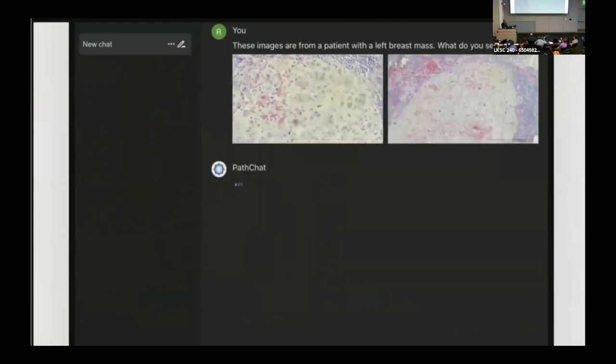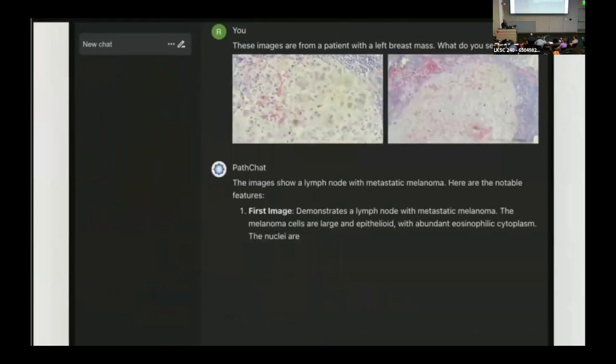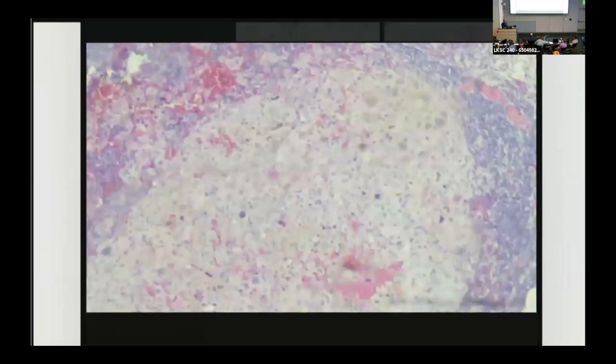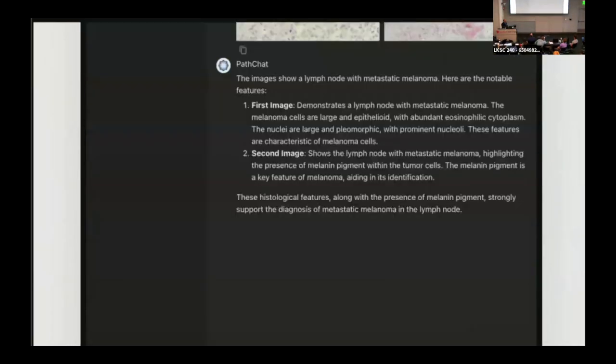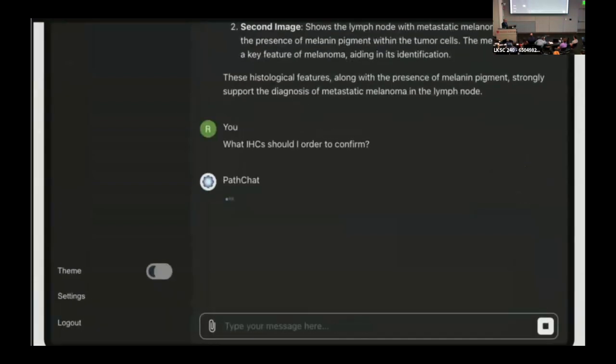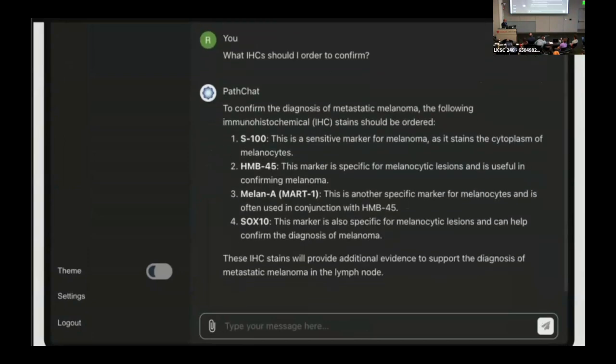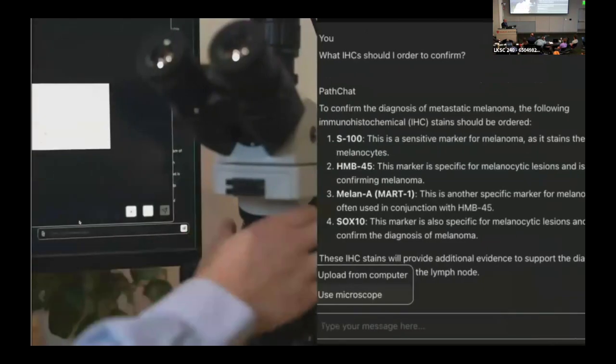And that's what we try to show here, that PathChat can be used with just microscopes coupled to cameras, which is very common. So in this particular case, the user says this is a metastatic case, and PathChat says this is likely melanoma, and then the user can ask what ancillary tests, IHCs, can I use to confirm this diagnosis, and it would give recommendations.